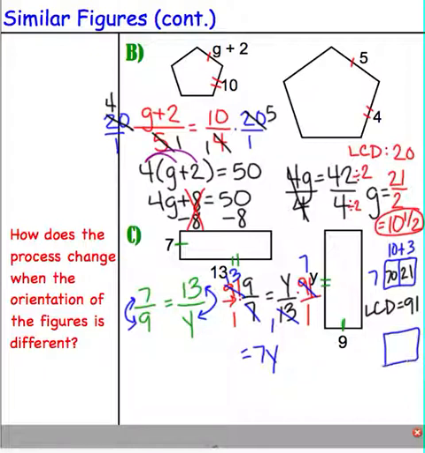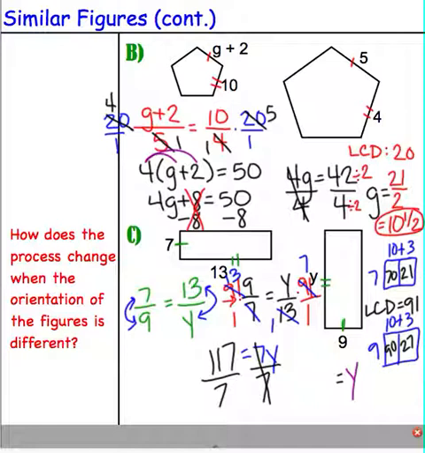So we're going to do that again: 10 plus 3 times 9, which will give us 90 and 27, and 90 plus 27 is 117. And then we can divide both sides by 7, which cancels here, and we have 117 over 7.